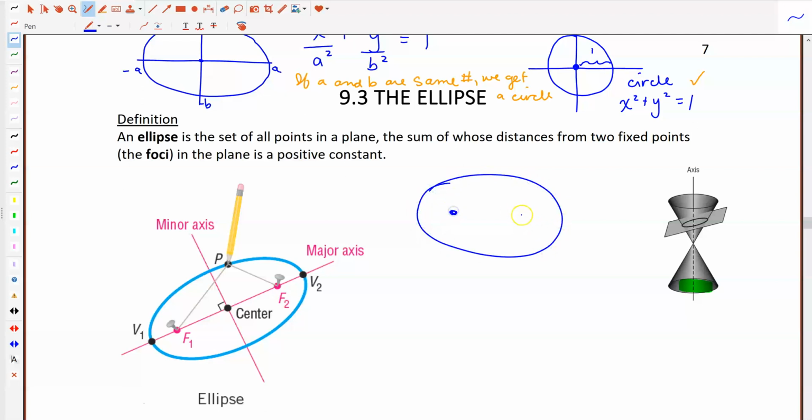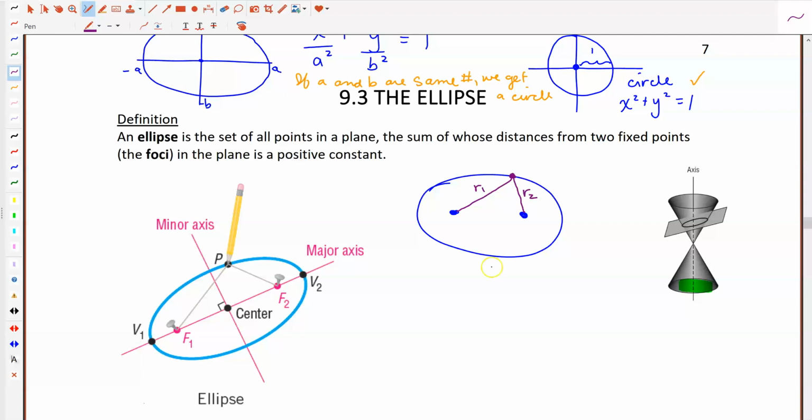I'm going to have these two special points in here, these foci. And what's going to happen is that to any point on this ellipse, I'm going to have these two distances. These aren't actually radii because this isn't a circle, but maybe I'll just call them R1 and R2.